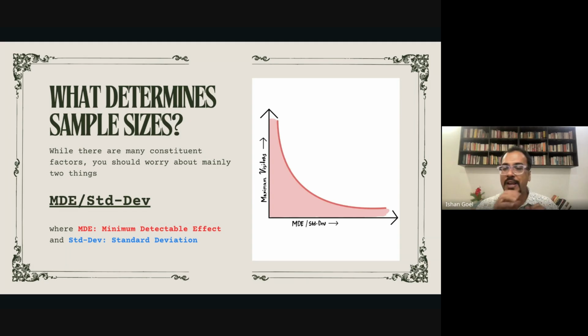The idea is that if I'm investing this many visitors in the test, I want to be able to detect a minimum of this effect size. Anything larger than the MDE will be detected in the test, but anything smaller than the MDE will not be detectable. So first, let us build a slight intuition about MDE.